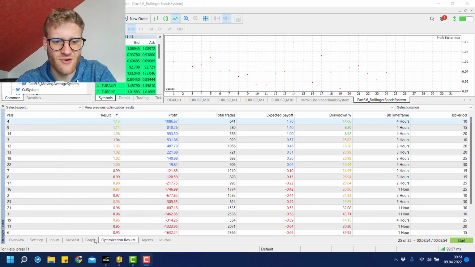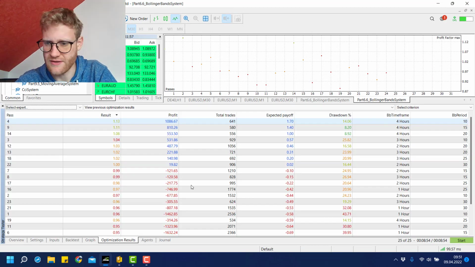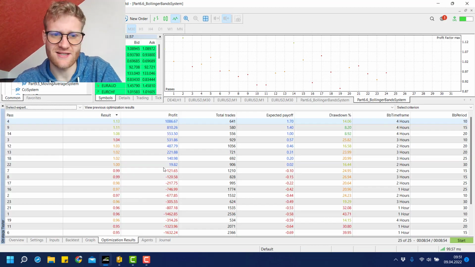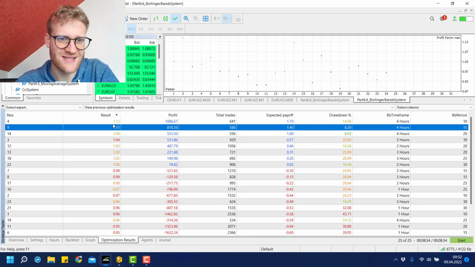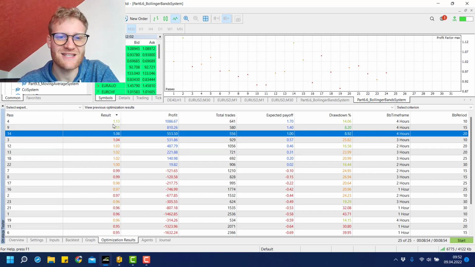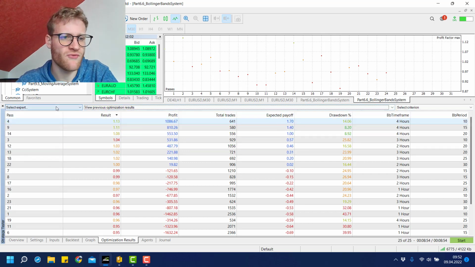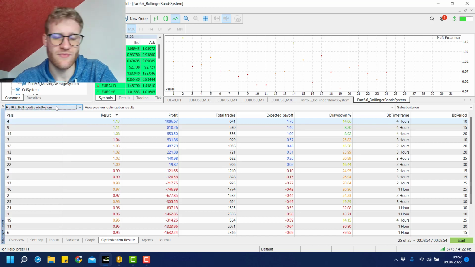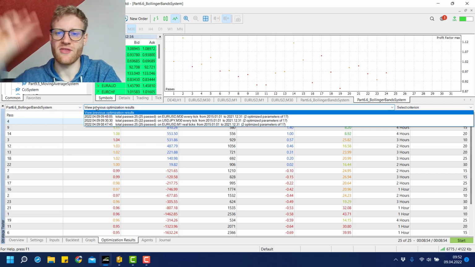Okay, so the optimizer finished its calculations, and here you can see the results. And we can see at first sight that we do have some positive results, which is very good. But we still have to consider, before we did this test with the normal system, where we trade short if we have the long breakout, and where we trade long if we have the short breakout.